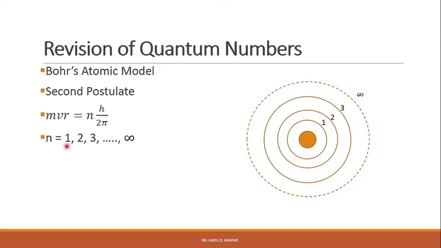This n is called the principal quantum number and it takes values 1, 2, 3 up to infinity, right.